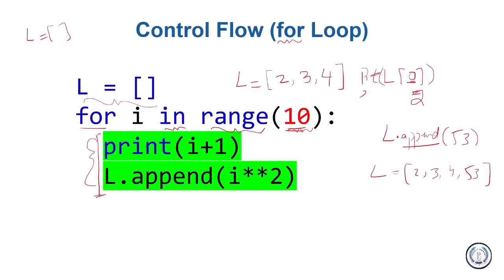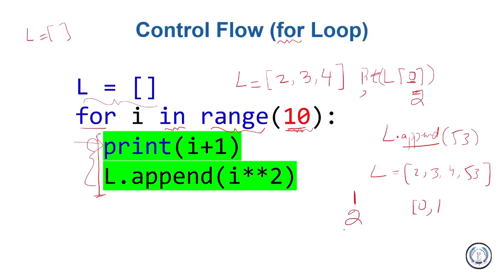So let's try running this. Very first time, when the loop enters its body, i will be 0 and 1 will be printed, because we are printing i plus 1. At that time the empty list will have one number, which is 0 squared, that is 0. Next time i will be 1, we will print 2 and the list will contain 1 squared, which is 1.